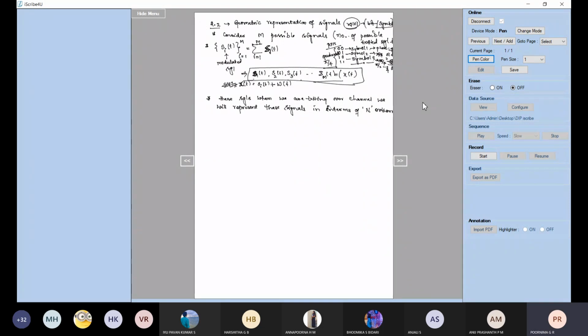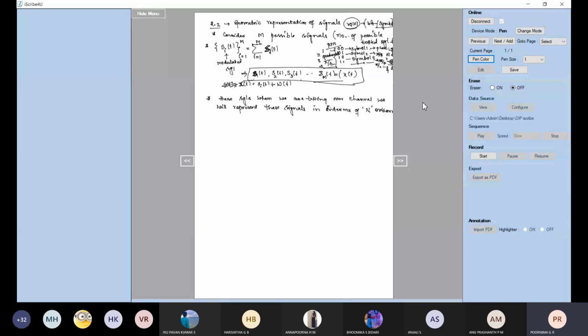Each particular signal, when it is transmitted, will have some amplitude. That amplitude is based on the symbol: for symbol 0 I may take an amplitude of 1, for symbol 1 an amplitude of 2, 3, 4.